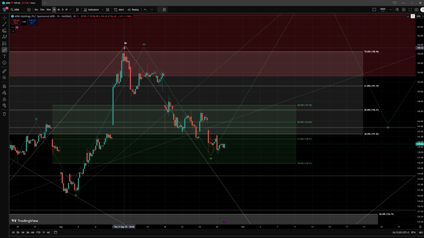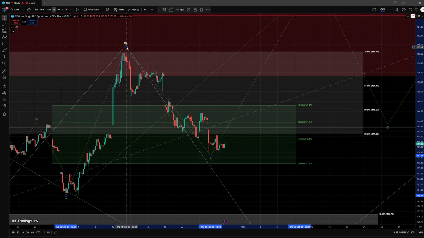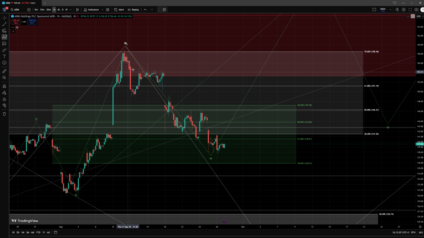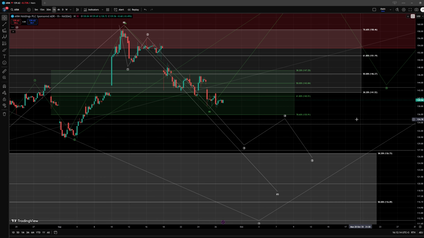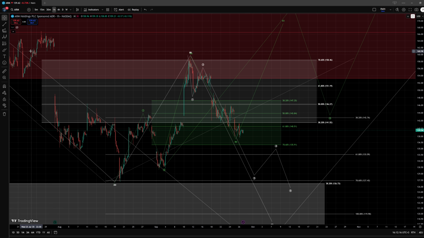In this case, internally within this C wave to the downside, I would really be looking to develop a 5-wave move where right now we could very well be within the 3rd wave. It isn't a very clear structure. Maybe we can try to draw a conclusion on what we have here. So this could be a 1, 2, this could be a 3rd wave, and then this a 4th, and then this as a 5th wave.